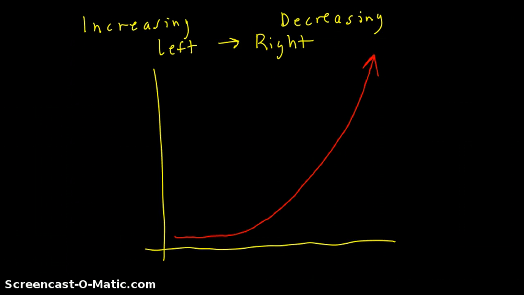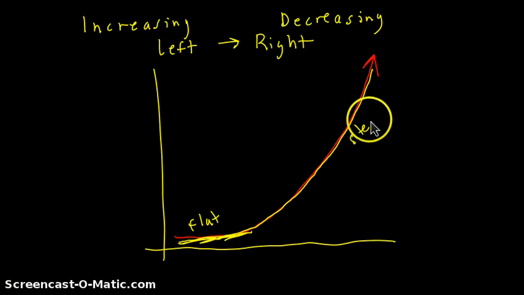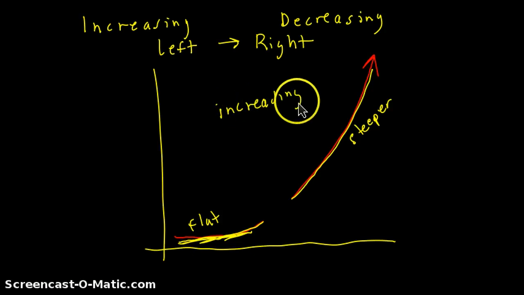Note that as we move along the graph from left to right, the graph is going up, but it starts off pretty flat here. It gets steeper over here. So while this is increasing, it's increasing at an increasing rate because as we move from left to right, the hill gets steeper.